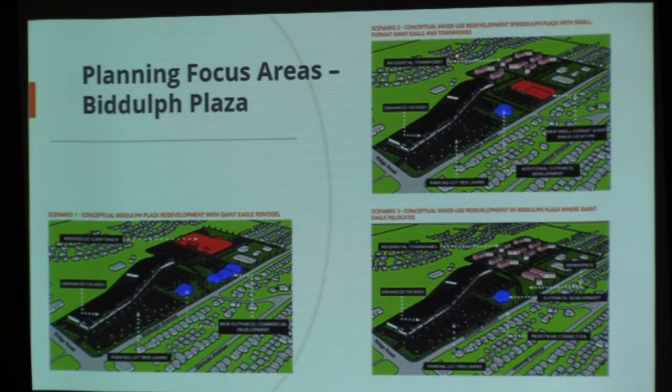And on some of these others, we look at what the potentials are if you allow mixed use on the site, moving buildings around and adding townhomes or something like that, whether it's the Giant Eagle, or if you flip it around and the Giant Eagle stays, and you build housing where the current commercial building is, the strip mall is. So just trying to show the possibilities.